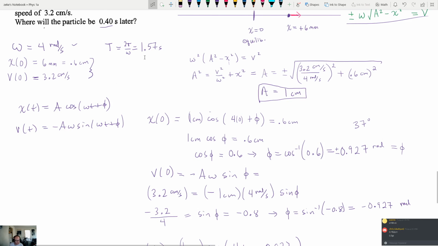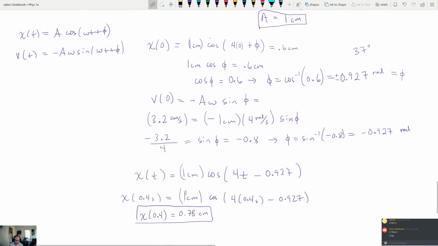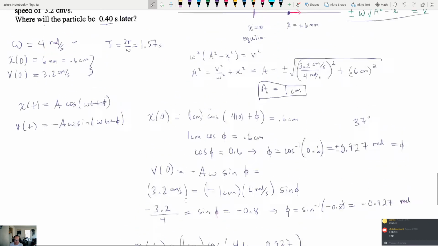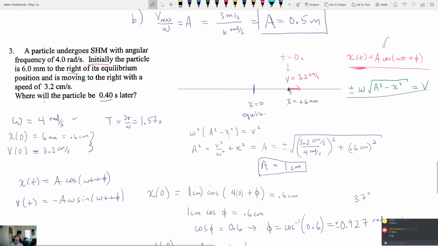1.57 seconds is the period, right? We were trying to figure out where it was going to be 0.4 seconds later, right? So it started here at a position that was 6 millimeters, or 0.6 cm.